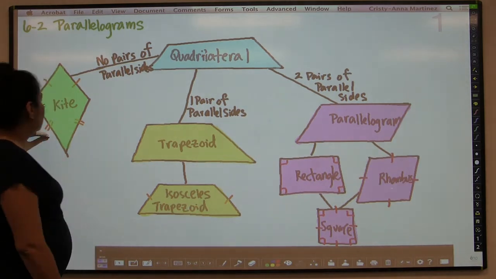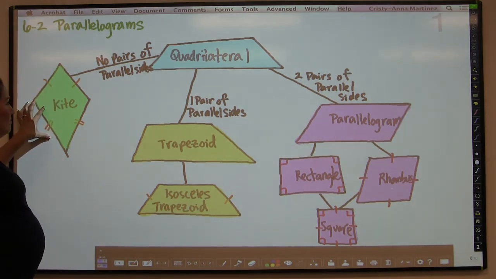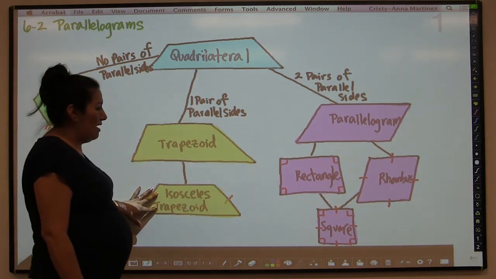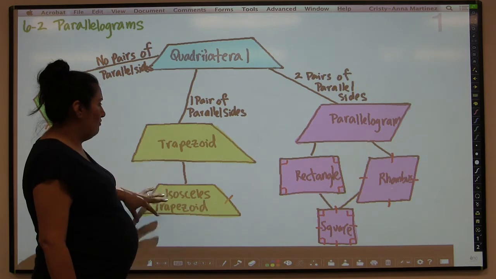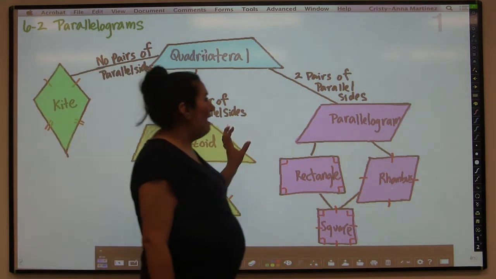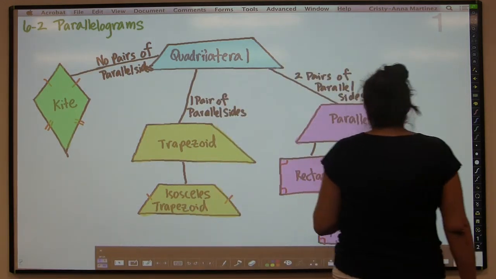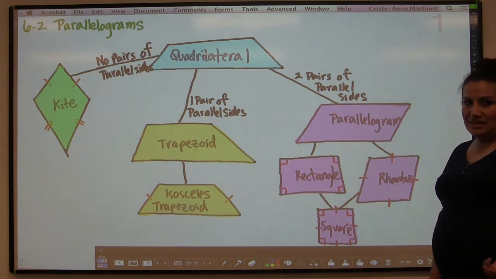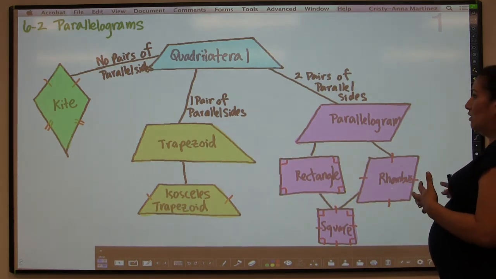So kites have no pairs of parallel sides. Trapezoids have one pair of parallel sides, and there's two different types of those. And then we have parallelograms, and parallelograms have two pairs of parallel sides. And obviously today's lesson is going to focus on the parallelogram portion.